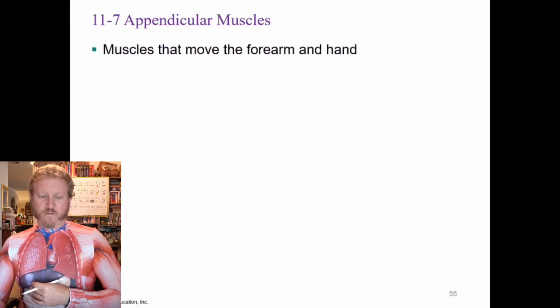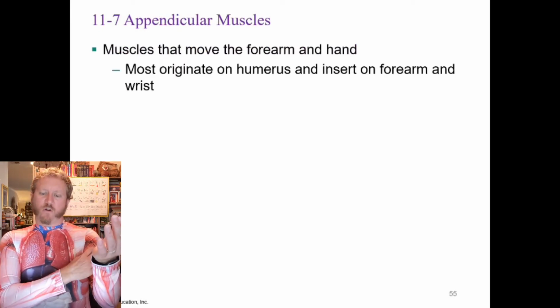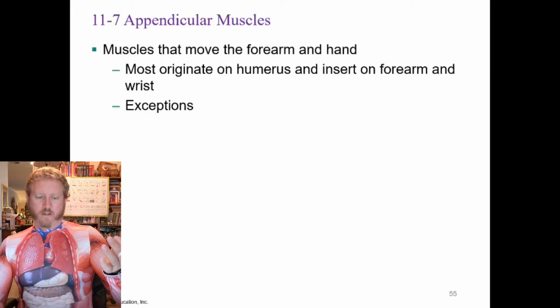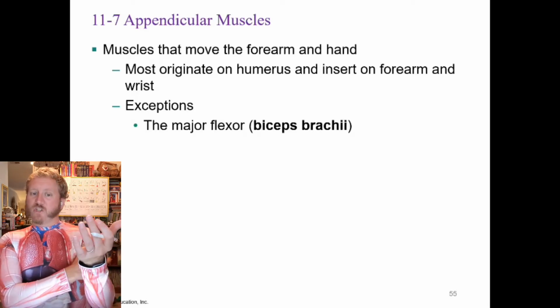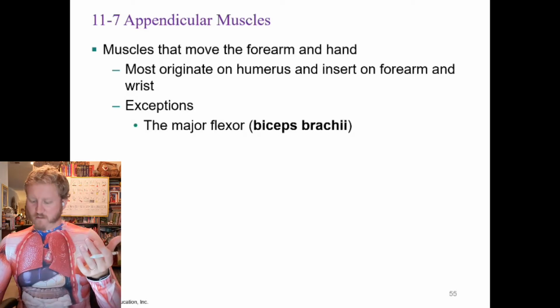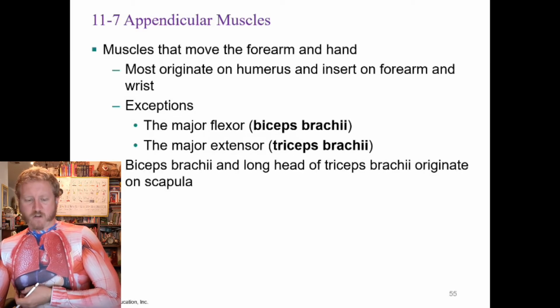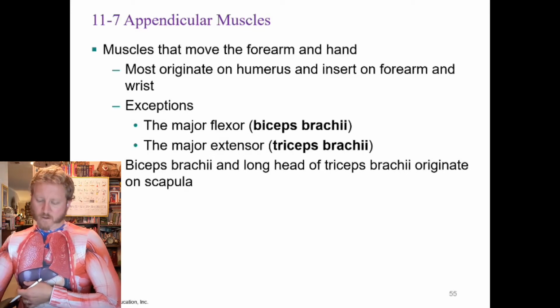The muscles that move the forearm and the hand, most of these originate on the humerus and insert on the forearm or wrist. The exceptions are the major flexor, which is the biceps brachii, and the major extensor, which is the triceps brachii. The biceps brachii and the long head of the triceps both originate on the scapula.